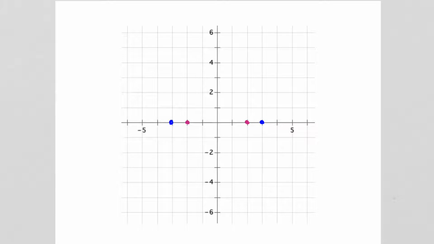Okay, so what does this tell me? Since the foci lie on the same axis as the vertices that we were given, that means our major axis is horizontal.